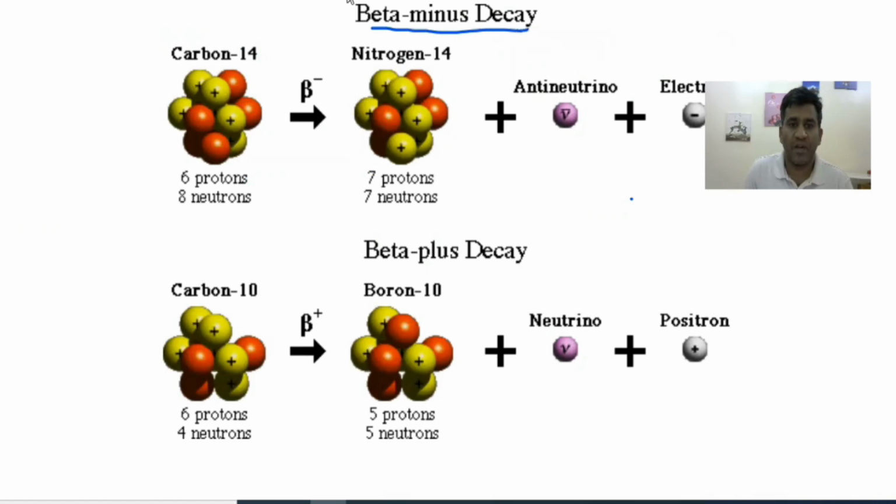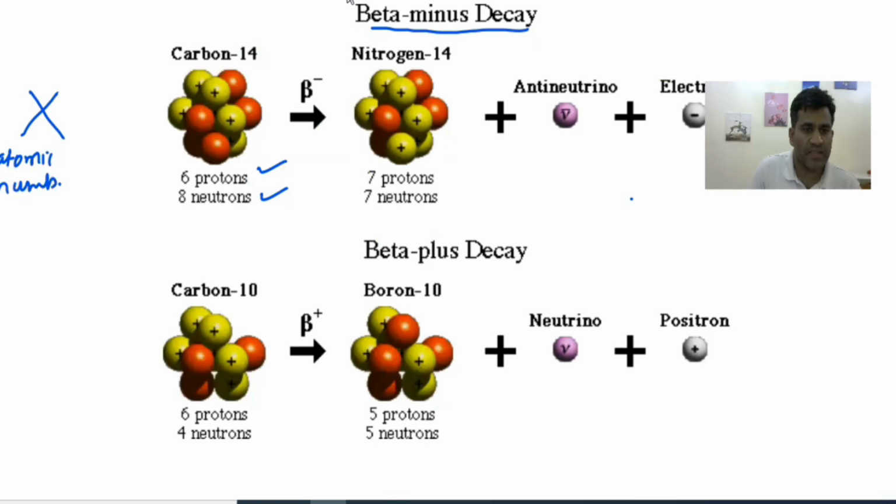Consider an example of carbon, which has 6 protons and 8 neutrons. So always this is representing carbon-14, the atomic mass of the carbon is 14. Usually we represent an element in general as X, where the downward number is written as the atomic number.